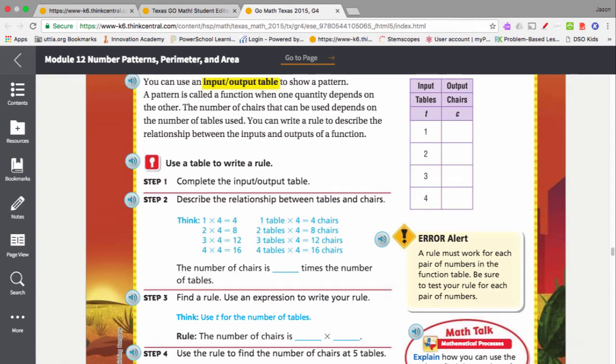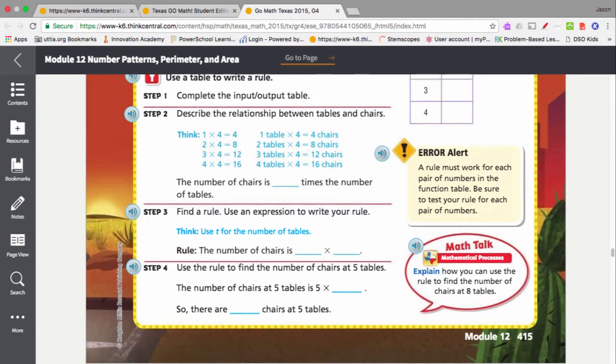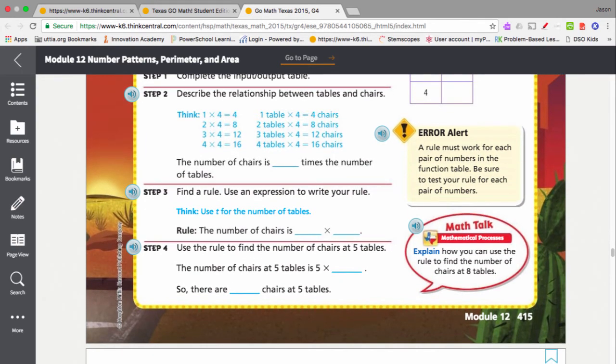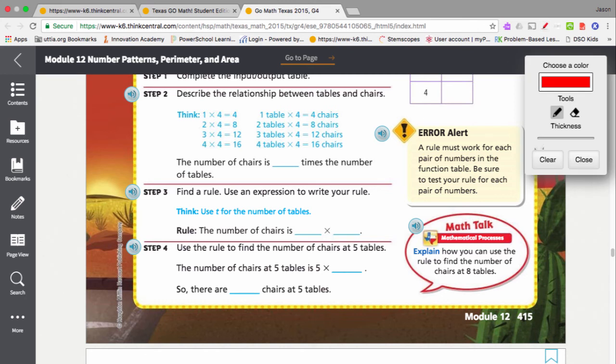So we have the rule that the number of chairs is 4 times the number of tables. Let's write a rule. We just need to write an expression. We're going to use T for the number of tables. The rule for the number of chairs is 4 times T. Now let's use the rule and find out how many chairs there are at 5 tables.